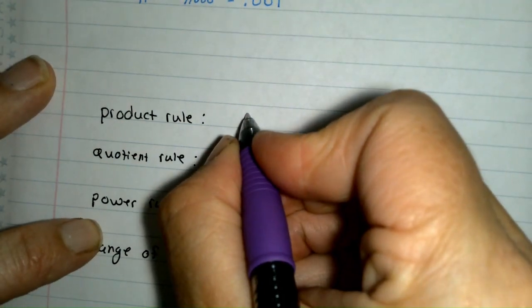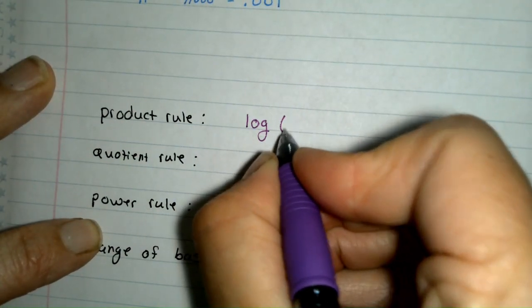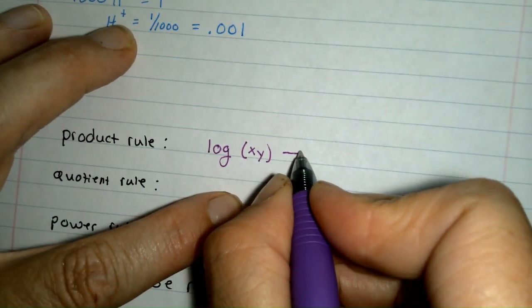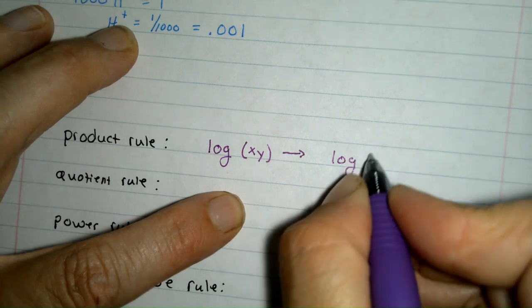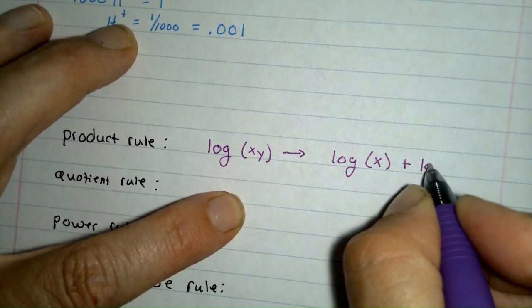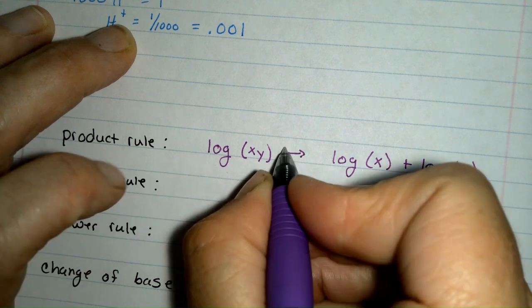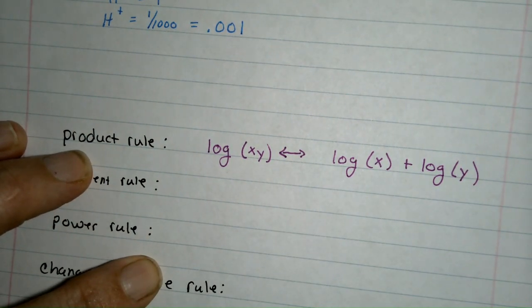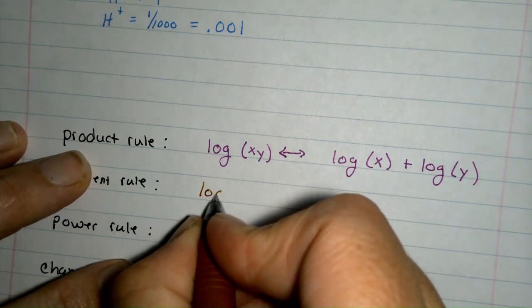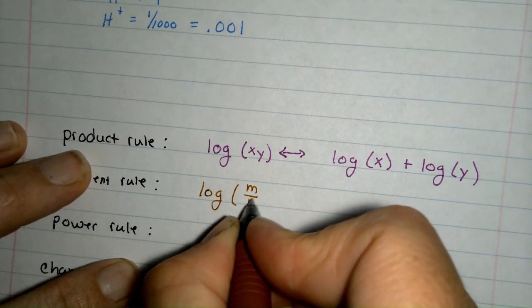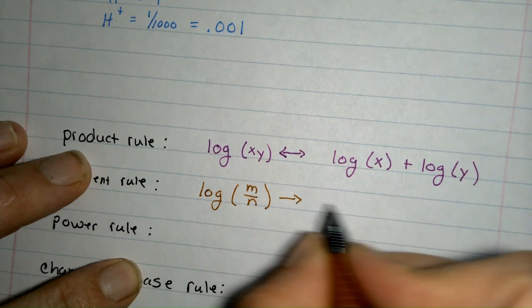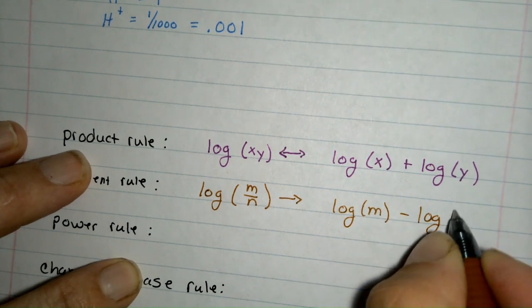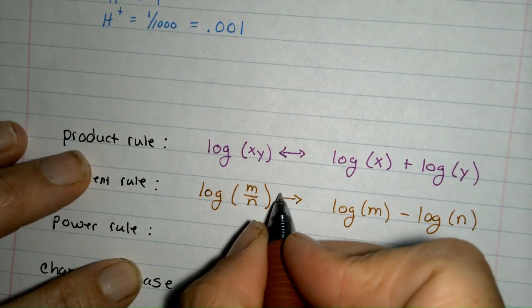you remember product was if you have a product, I'm writing it backwards this time, right? You can expand it. Remember, it goes both ways. If you have a quotient, you can expand it. And again, that goes both ways.